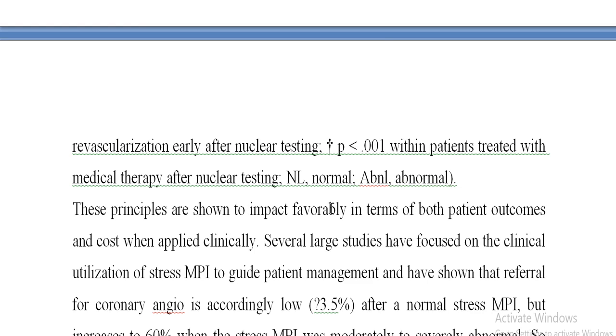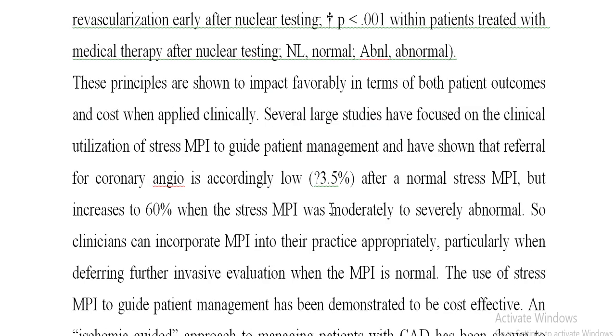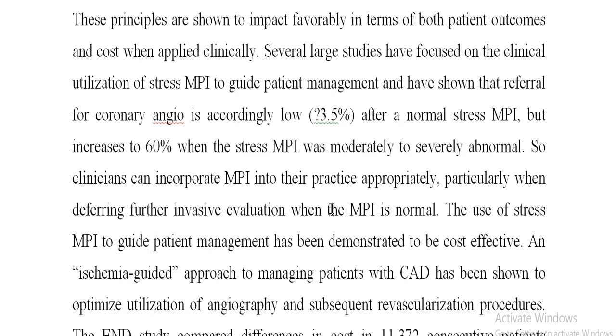The END study compared differences in cost in 11,372 consecutive patients referred for either stress MPI or cardiac catheterization as the initial approach. Not only were the rates of subsequent MI the same in the two groups, costs were significantly higher for the direct cardiac catheterization group as compared to the MPI ischemia-guided approach.